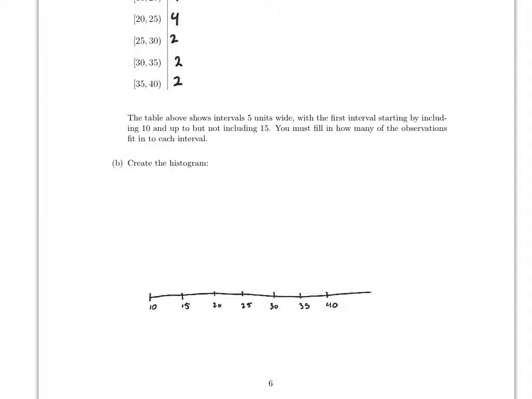All the way up. On the left-hand side, we can put a vertical axis if we want to. A lot of times I will leave it off, but as this one is our first one, I'll go ahead and include it. This will be our count.